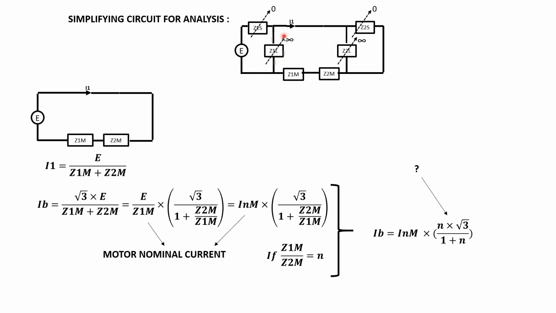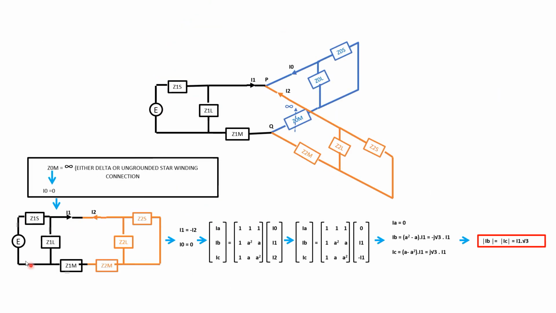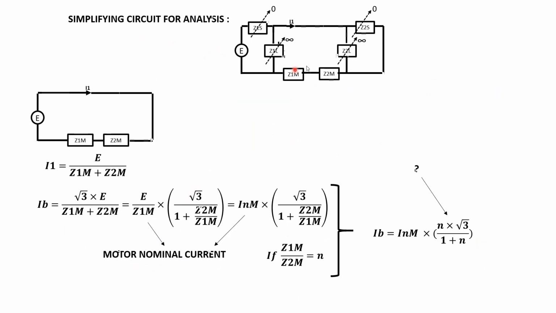So we have basically this circuit, and if we want to simplify that, to get some sort of idea and feeling about single phasing, we can assume that the load is infinity, actually no load, the impedance of the load is infinite.